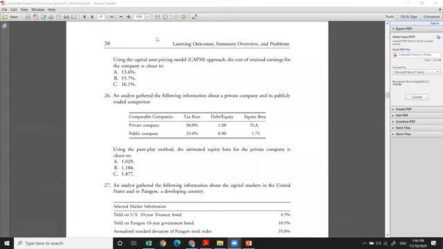Asset beta. It's very straightforward actually. 1.75 divided by 1 plus, 1 minus the tax rate.